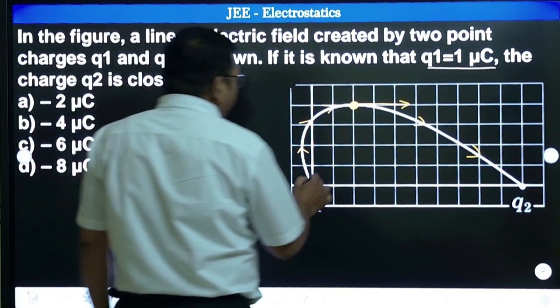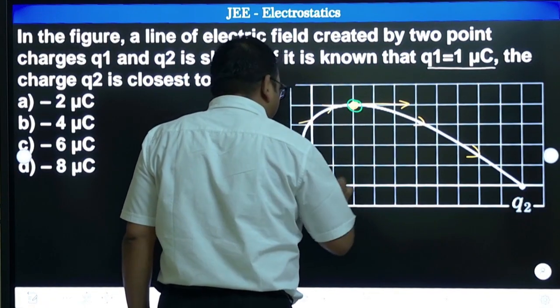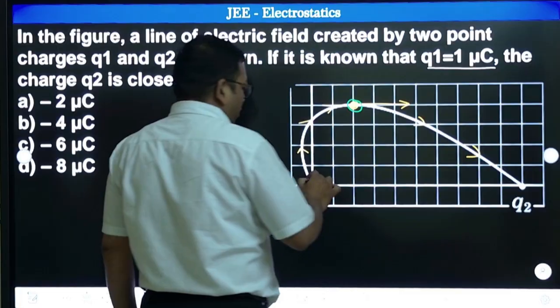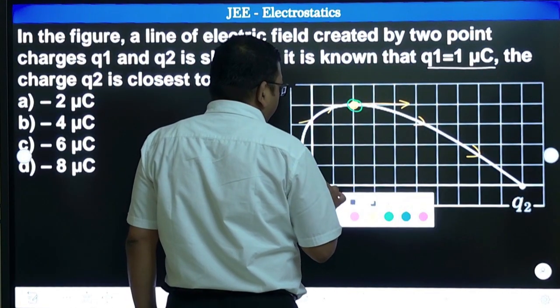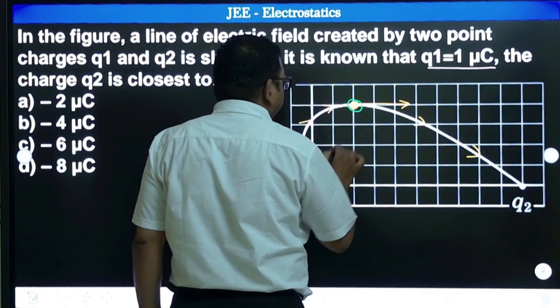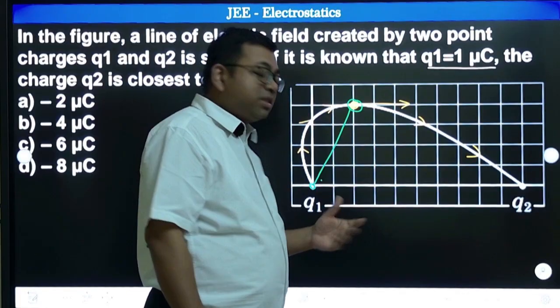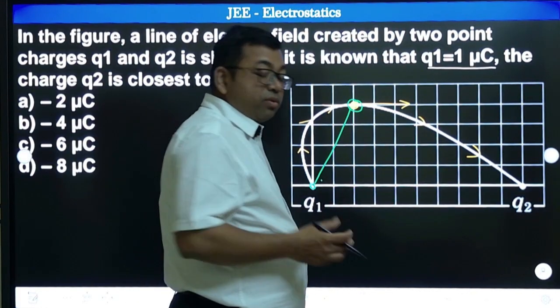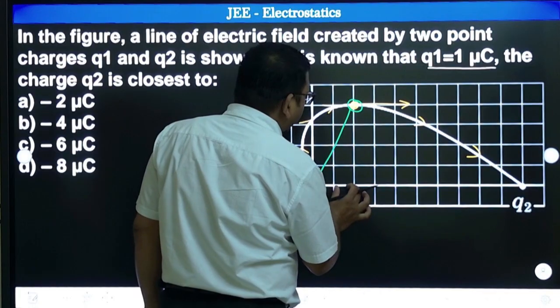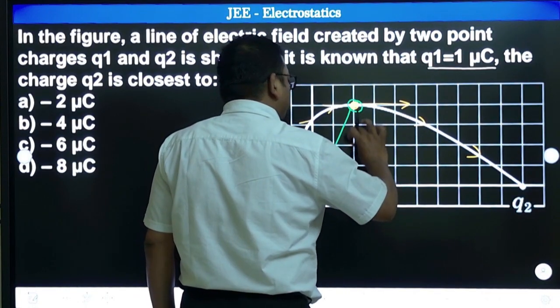Now if I try to calculate the field due to this point charge, I need to join this distance. How much will this distance be? Each box is some distance; we don't know the unit, but some unit will be there. So 1, 2 boxes, 1, 2, 3, 4.